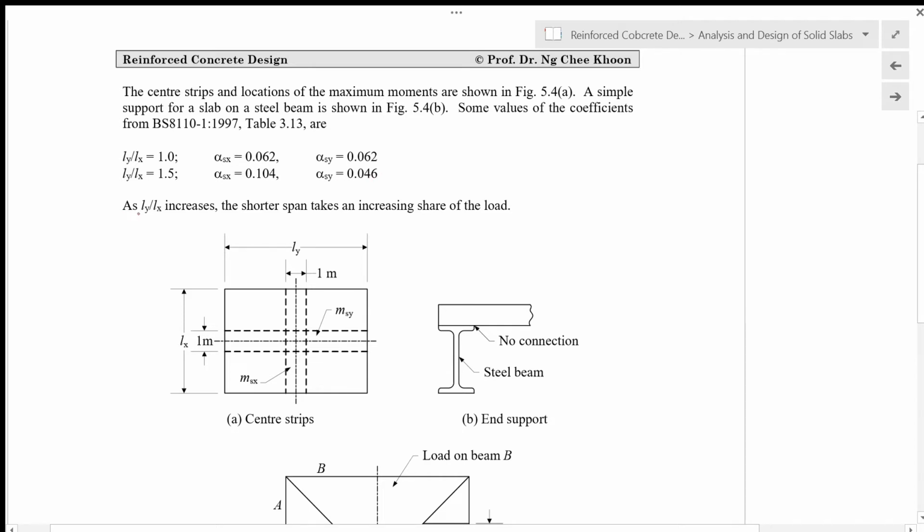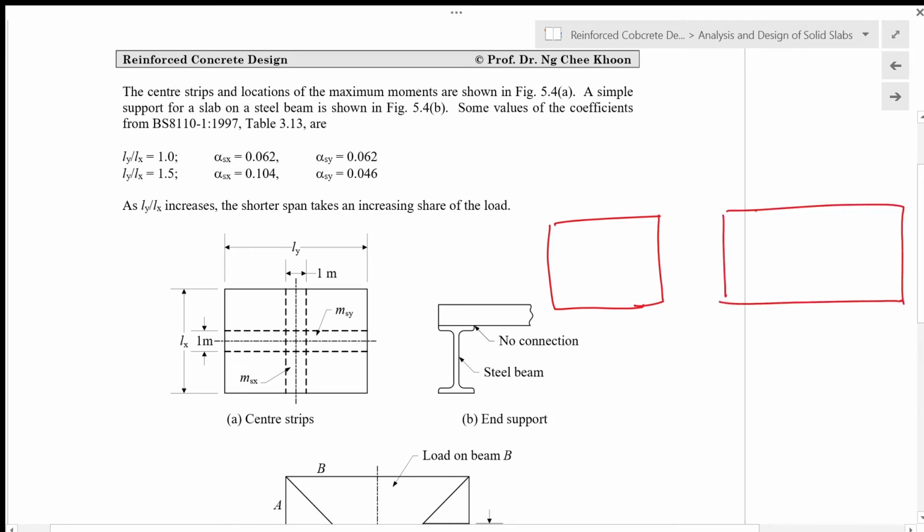When Ly over Lx increases, the shorter span takes an increasing share of the load. So if we have a slab like this as compared to a slab like this, the shorter span will take more load, where this is the span in the shorter span direction, Lx.